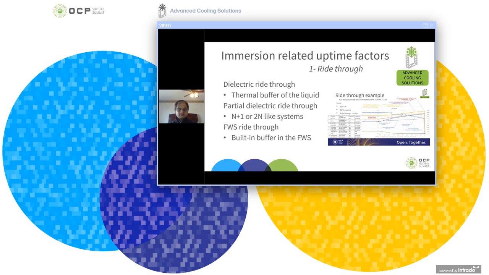And the second type of write-through is the partial dielectric write-through. A partial dielectric write-through describes the principle of having, let's say, a 2N kind of cooling system. Imagine two heat exchangers, for example, or two CDUs that are immersed inside the tank that are fed with two water circuits.